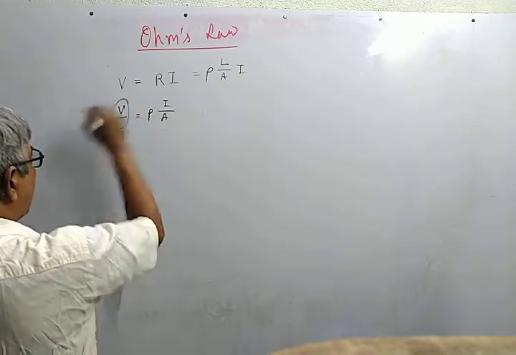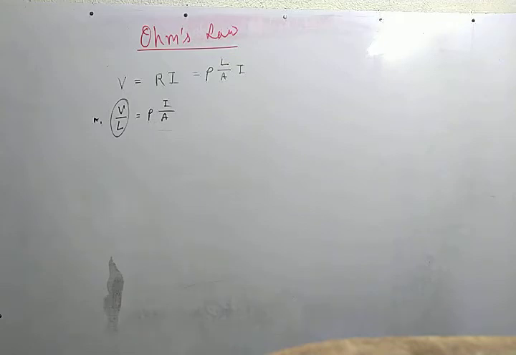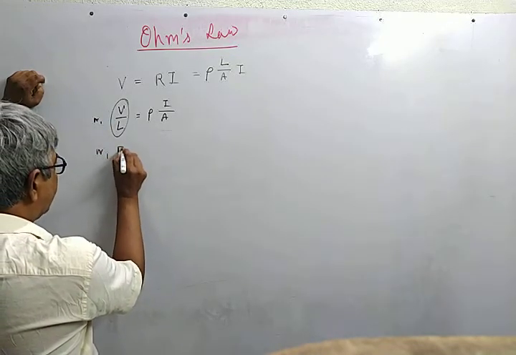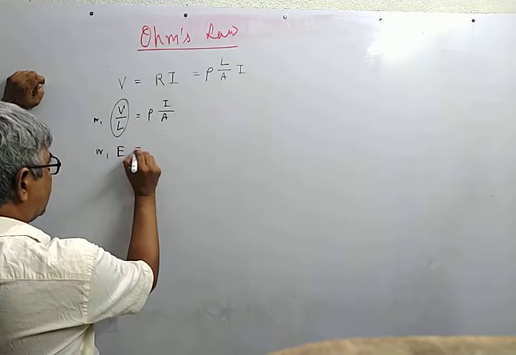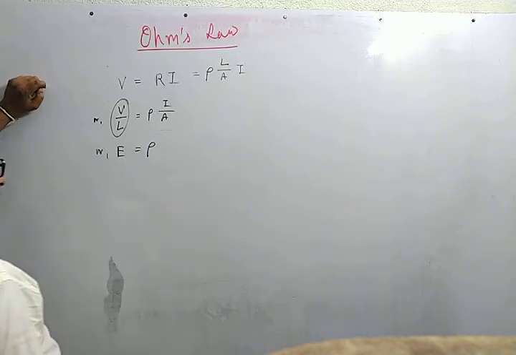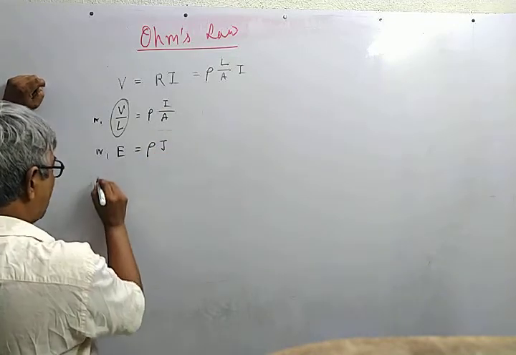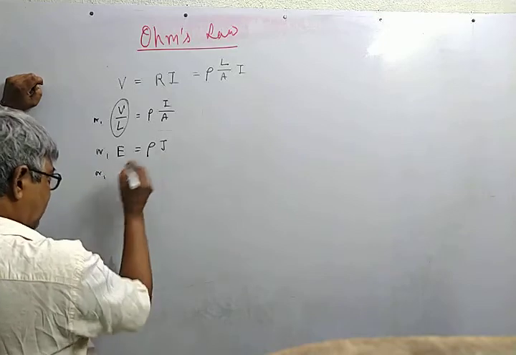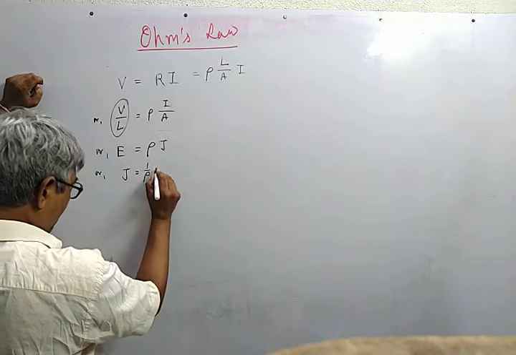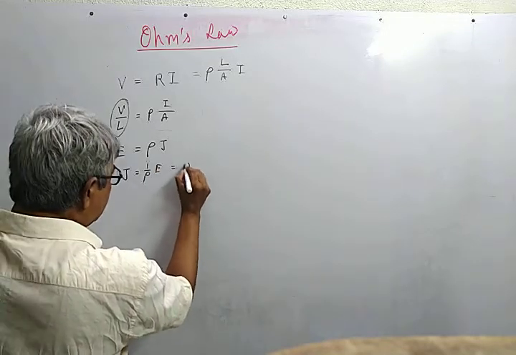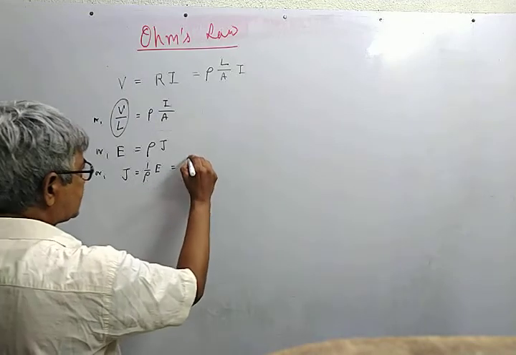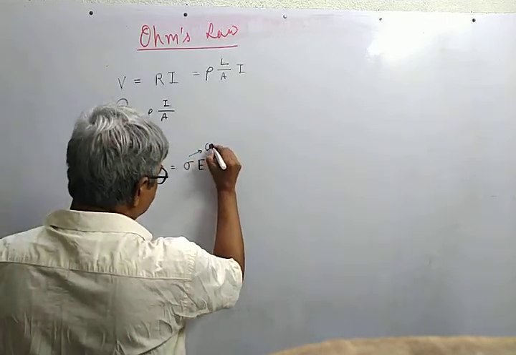So this V by L is the potential difference across the length L, so it is a measure of the magnitude of the electric field, and this is current per unit cross-sectional area, so this is the current density. Or we may write it as J is equal to 1 upon rho times E, we call it sigma E. This is the resistivity and this is known as conductivity.